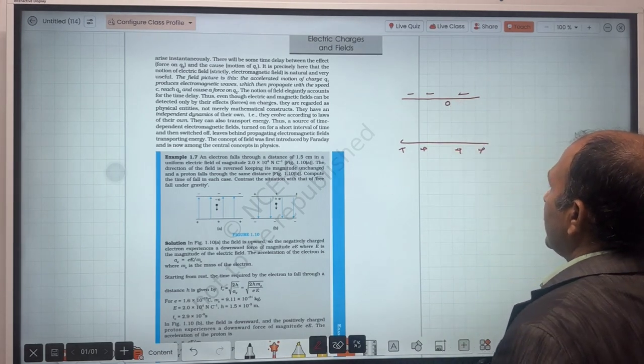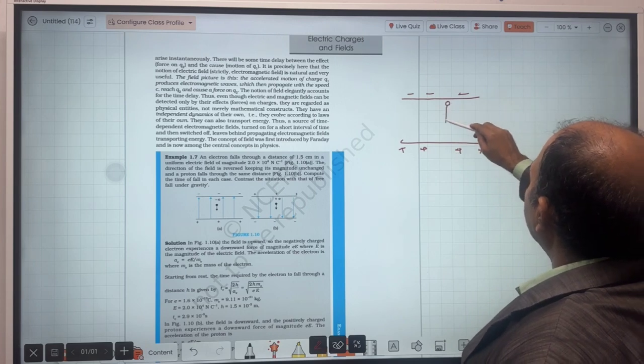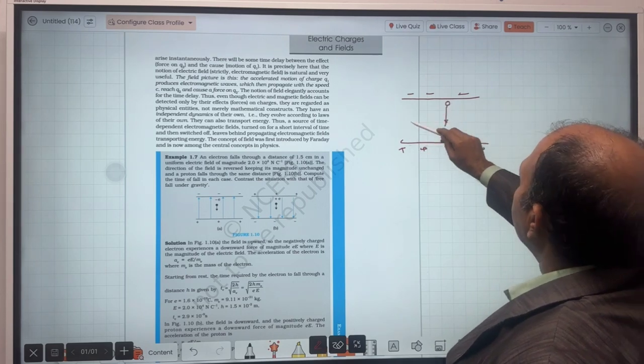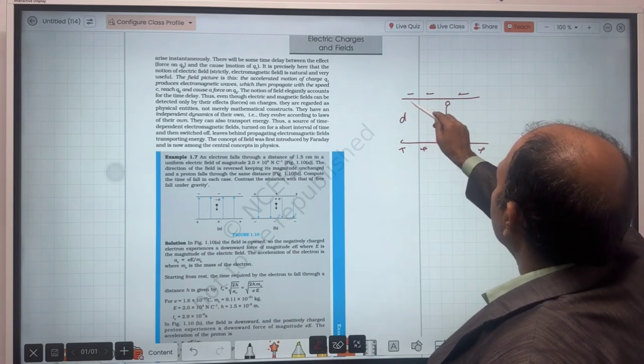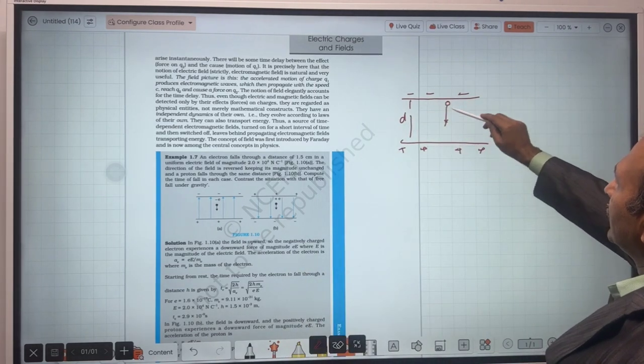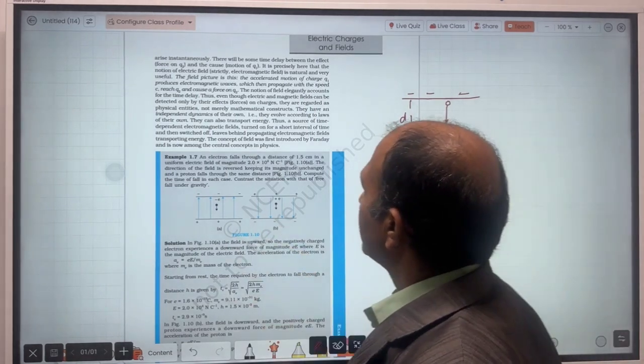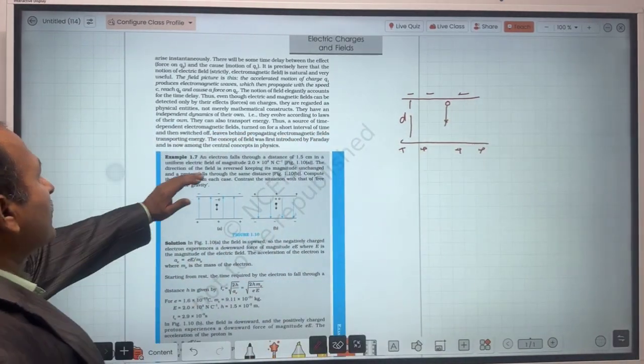So the electron has negative charge, so it will move towards the positive plate, and the separation between the plates is given. Suppose this is D. So you have to find out the time in which the electron will reach this plate. So let's read the question first, then I will tell you how to solve.